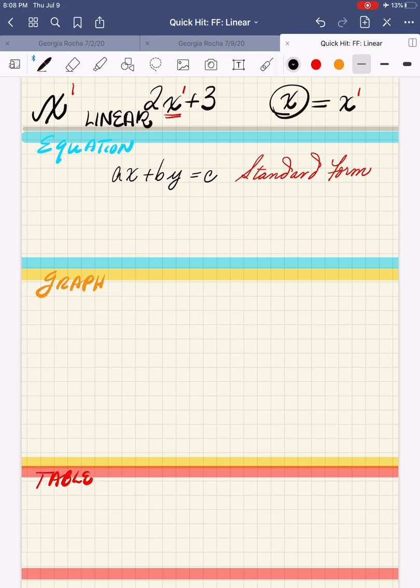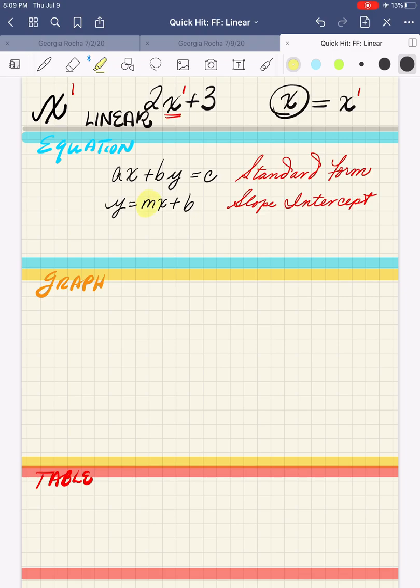My favorite form of the linear function is y equals mx plus b. That is called the slope-intercept form. Why is it my favorite? Well, it's my favorite because I can quickly glean a lot of key information just by looking at the function when it's in that format.